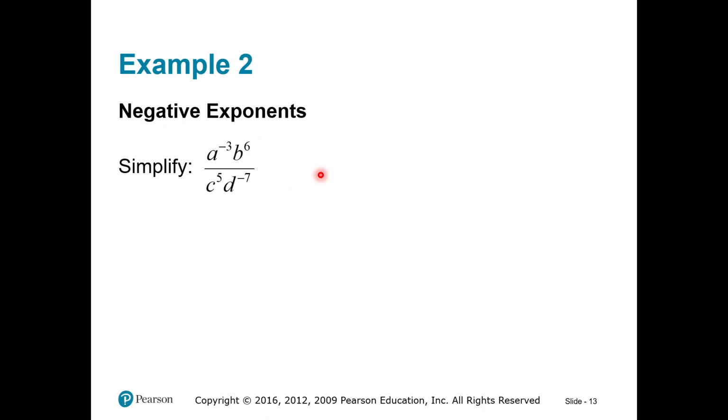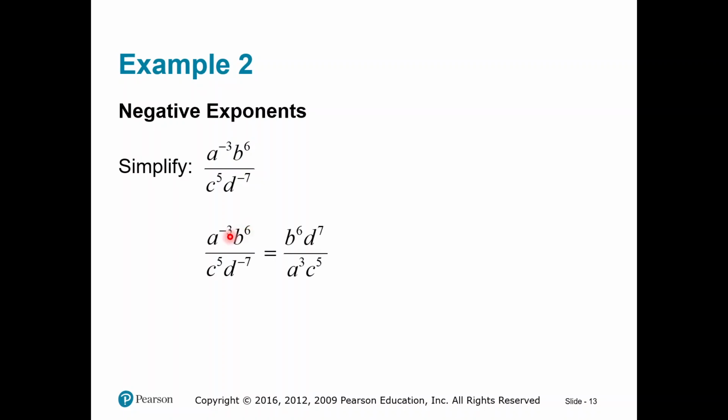What about this example? I look for the base. So I have A, B, C, D. There are different letters, so there are different bases. But I noticed that the A and the D have the negative exponents, and so I just flip the two.